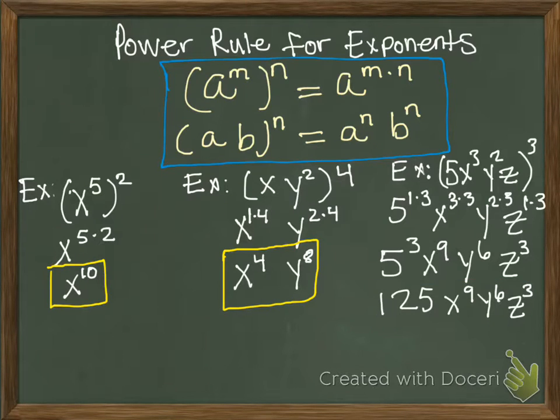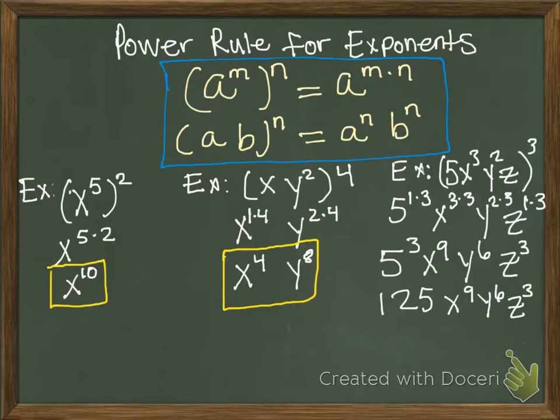Now let's do the last example. 5x to the 3rd, y to the 2nd, z, all to the 3rd power. Well, this is equal to 5 to the 1 times 3, x to the 3 times 3, y to the 2 times 3, and z to the 1 times 3.